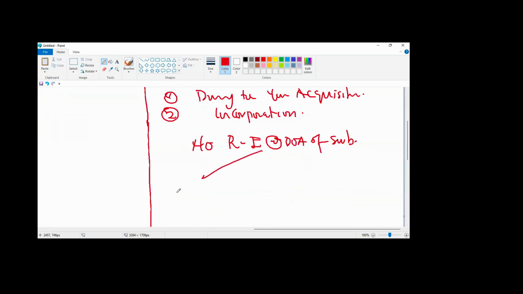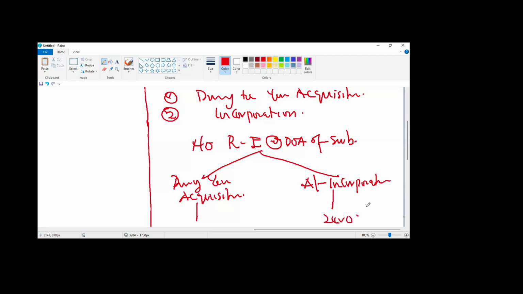One, during the year, which I will apply a formula to get. But at incorporation, the question will tell you it just started to work, they acquire. It is 0.